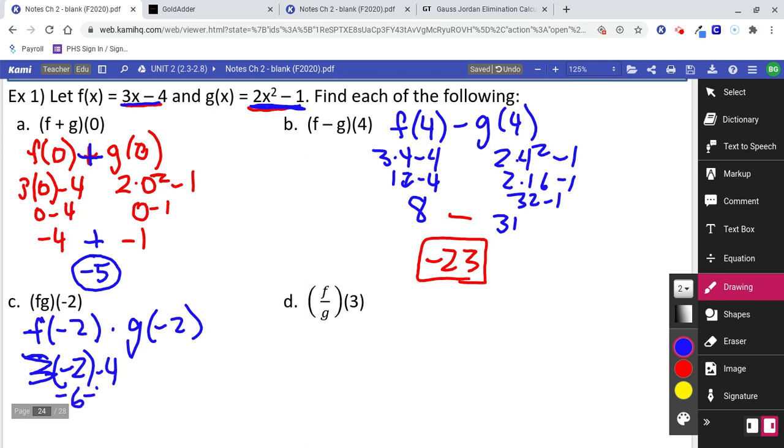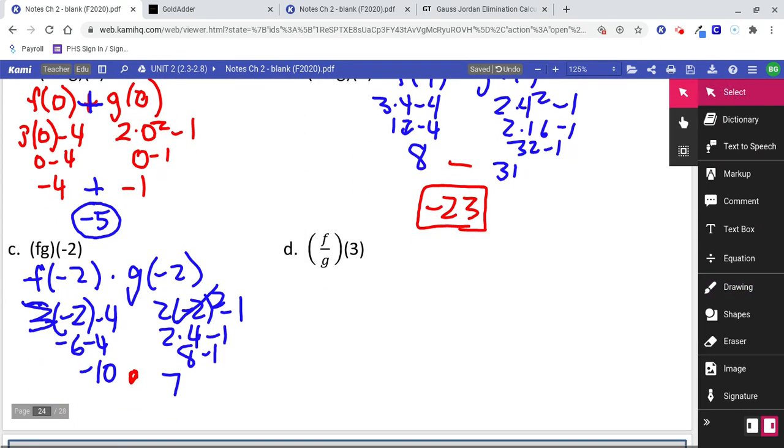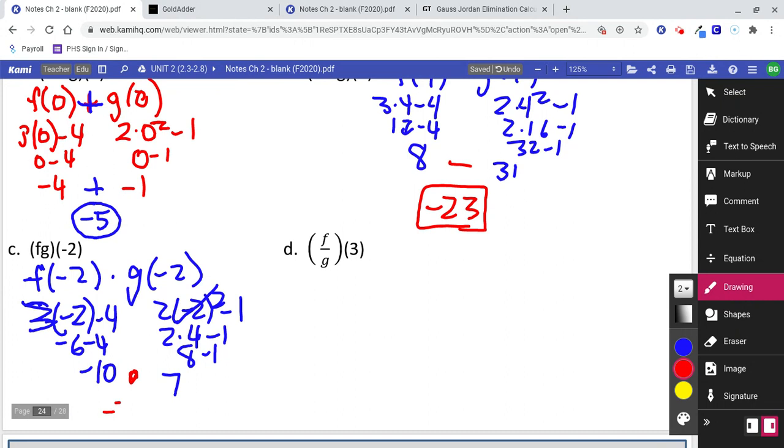That's negative 6 minus 4 is negative 10. And g of negative 2, 2 times negative 2 squared minus 1. Be careful with your negative. When you square that negative 2, that's going to be 4. So 2 times 4, that's 8 minus 1 is 7. So keep in mind we are multiplying. We have negative 10 times 7, negative 70.